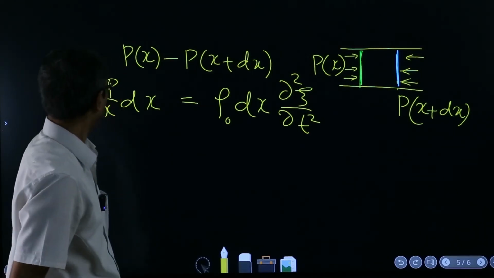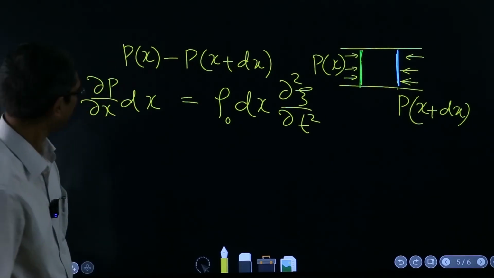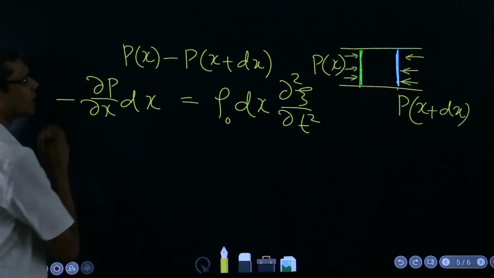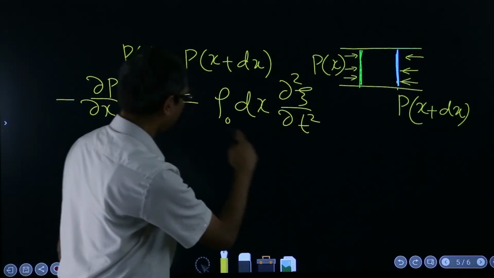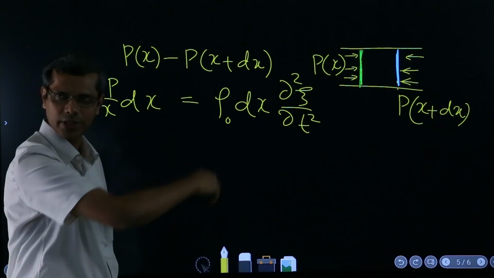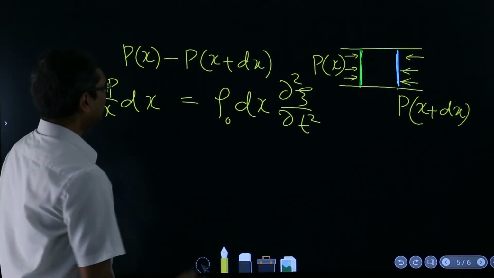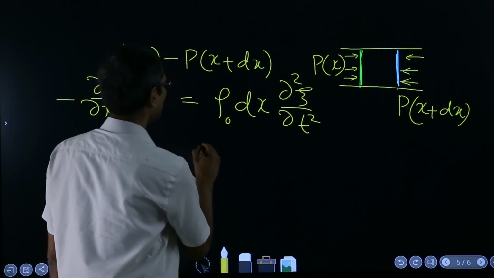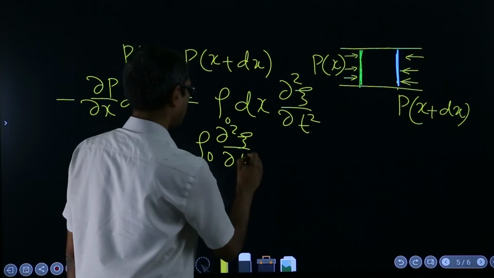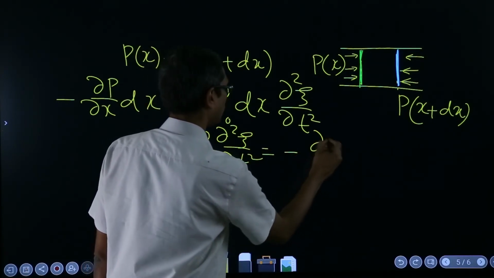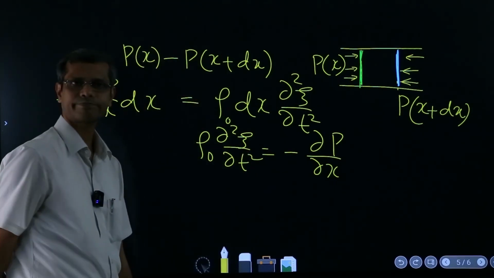Fine. So that means something is missing, a minus sign, right? Because this is the opposite way to the differentiation definition. So you are saying that rho naught del square xi by dt square is negative of this one.